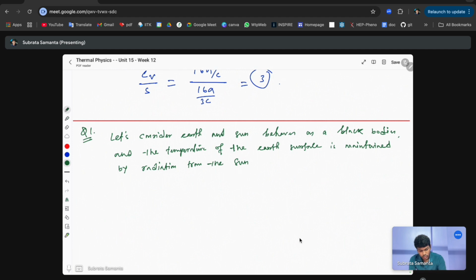Calculate T Earth over T Sun. So the ratio of the temperature at Earth over the temperature at Sun. Okay, so calculate this.